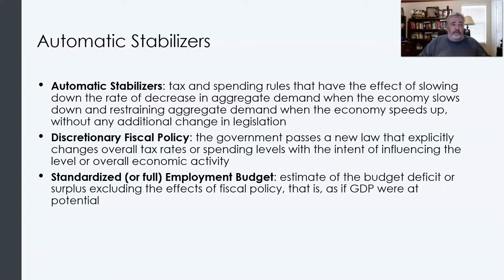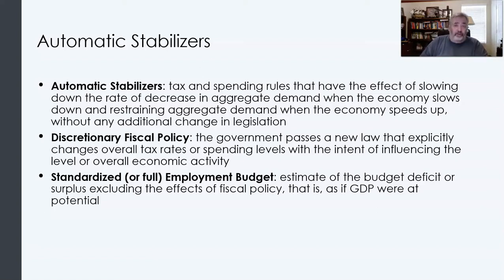It's the policies, it's the spending rules and the taxes that can keep aggregate demand from falling too far, and keep the aggregate demand from going too fast, without having to pass new laws or anything, right? So there's discretionary fiscal policy. This means that the government has to make a decision to make a new law.